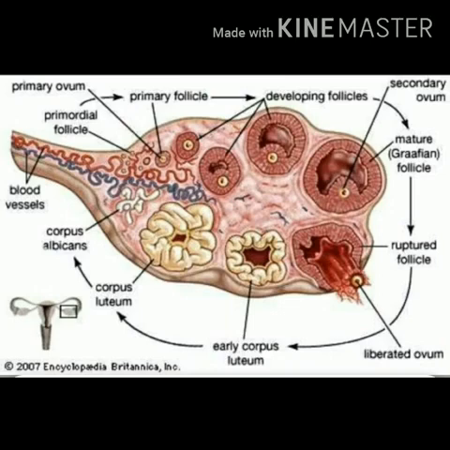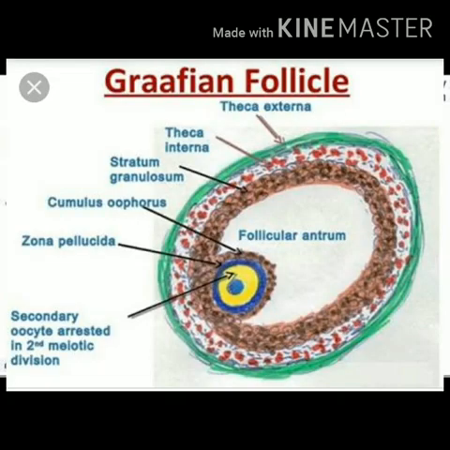See students, the developments occur in the cortical region or cortex. The different stages of development of the oocyte can be seen. These changes are cyclic and occur during each menstrual cycle. This menstrual cycle involves maturation of primordial follicle into the primary oocyte, secondary oocyte, and Graafian follicle.